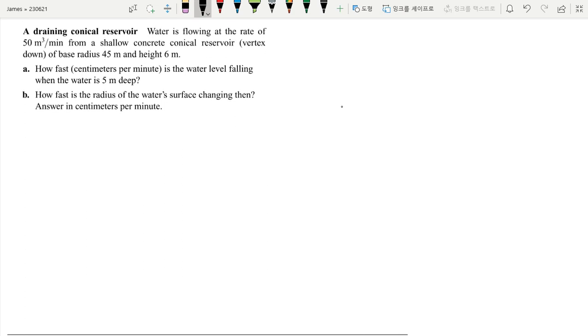So at first, dV over dt is minus 50 because it's going out of the reservoir. And then the ratio between the radius and height is 45 over 6.